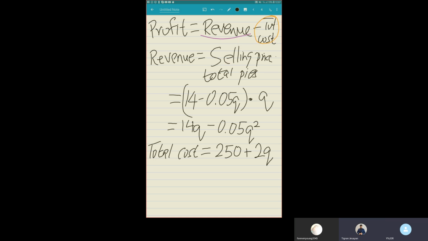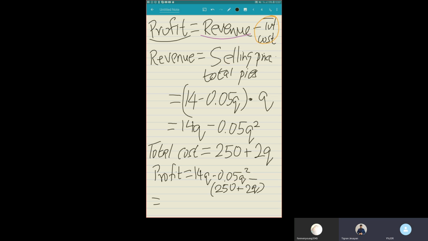Now the next thing is we know the profit, we just fill it in. So profit is the formula for the revenue, which is 14Q minus 0.05Q to the power 2, and then minus, I'll place both in brackets, minus (250 plus 2Q).